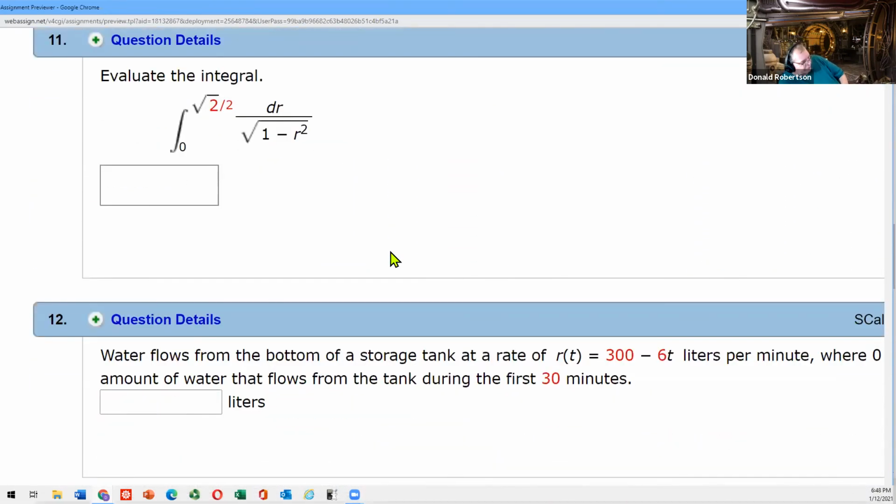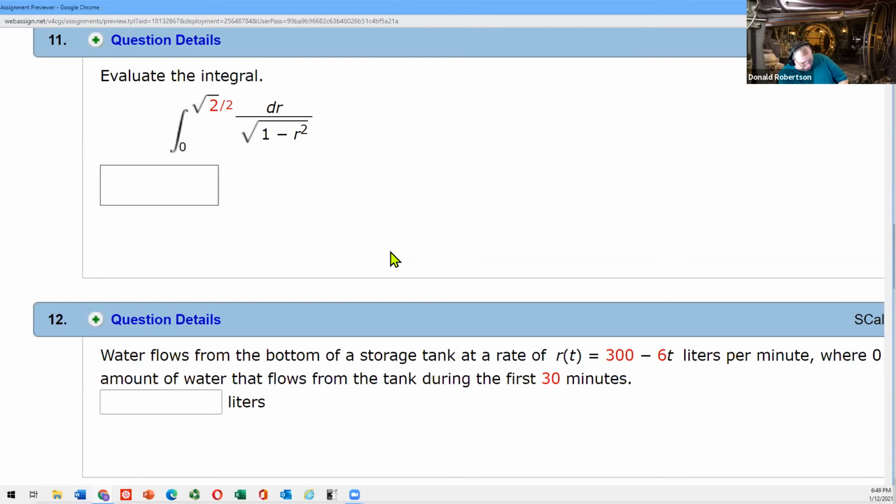Oh, this one will test you because I don't have it in front of me. Question 11. I don't like dr. I like to stick the dr at the side. So I would have called this 1 over the square root of 1 minus r squared dr. That's how I would write it, but that's the way they've written it, and it's the same thing. What is the antiderivative of 1 over the square root of 1 minus r squared?